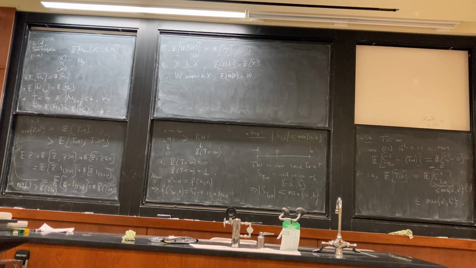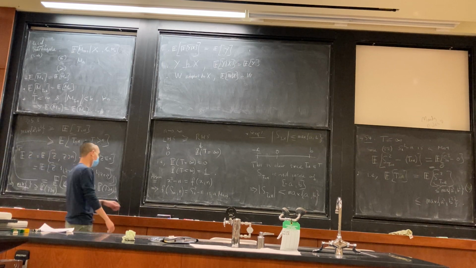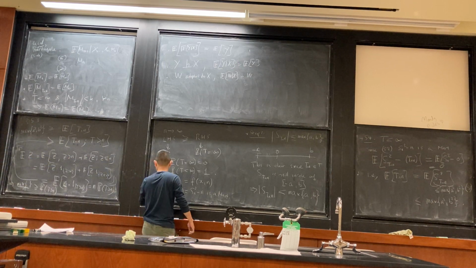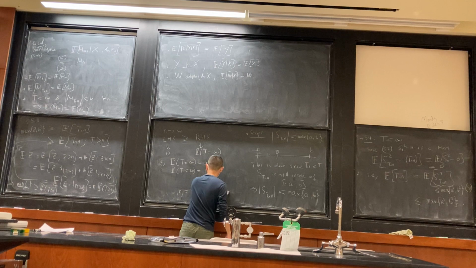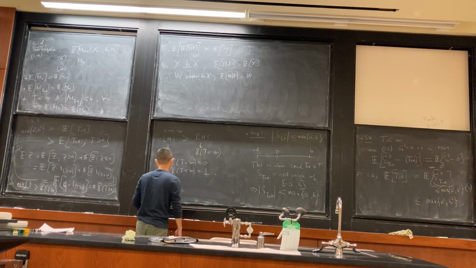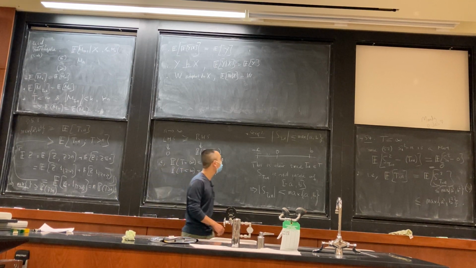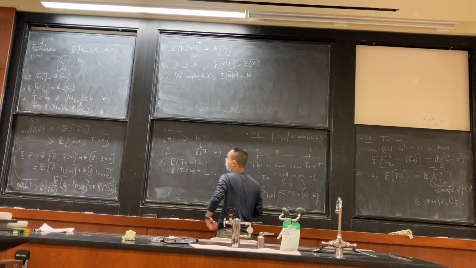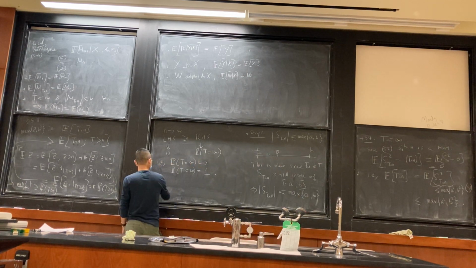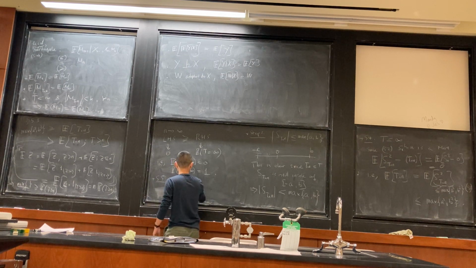Alright. So that is step 4. Now step 5 is to evaluate the probability of S_T being negative a.